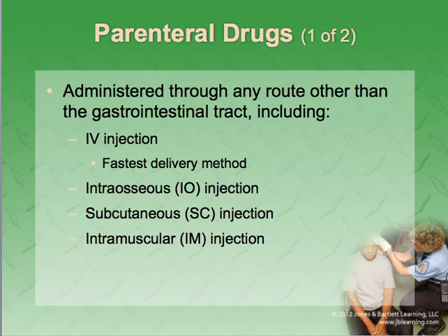The parenteral drugs go any other route, and that includes your IV injections, which is your fastest delivery method, IO, which is very fast too, sub-Q, and intramuscular injection routes. As an AEMT, you'll be able to utilize all of those on certain medications.